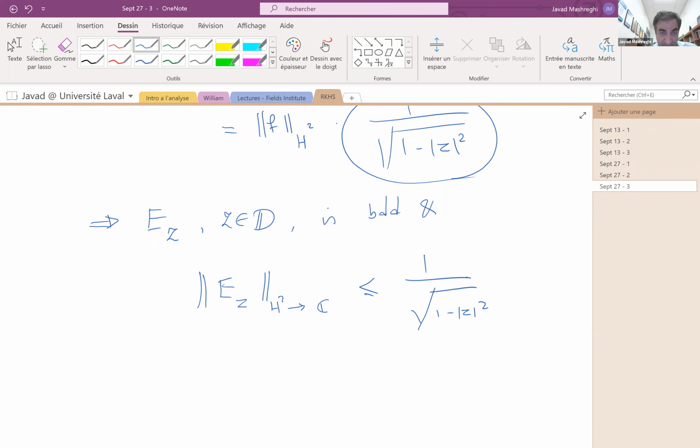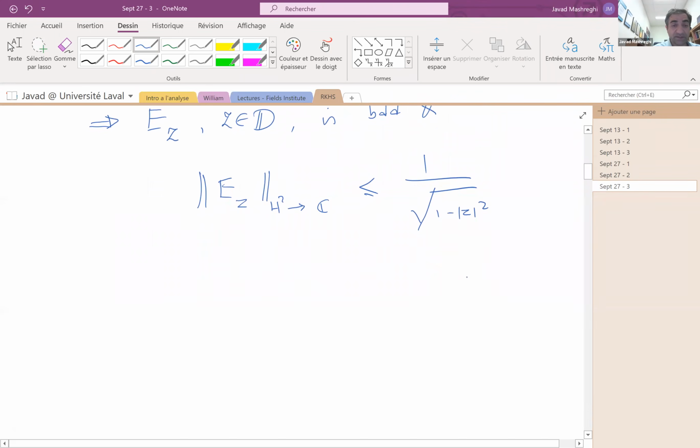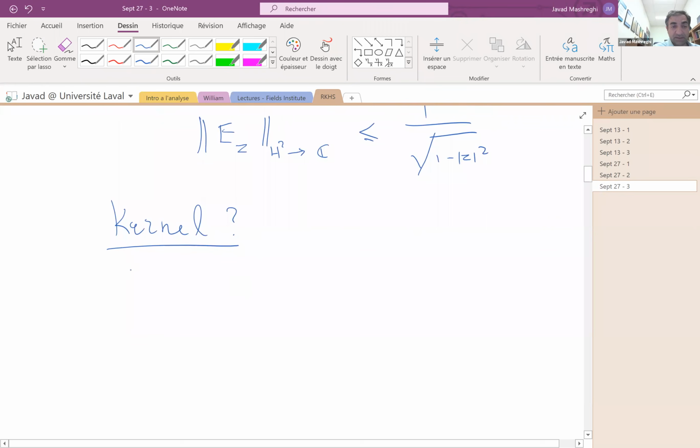To verify whether this is an optimal estimate, as we saw before in previous examples, the only way is to find the kernel. So what is the kernel here? The property of the kernel is this: if you take the inner product of f and k_z, you should obtain the value of f at the point z.